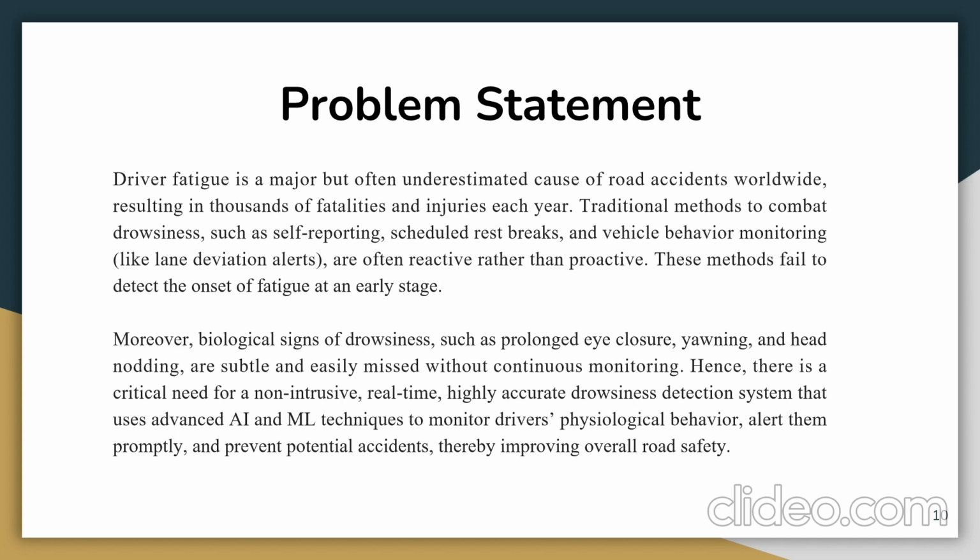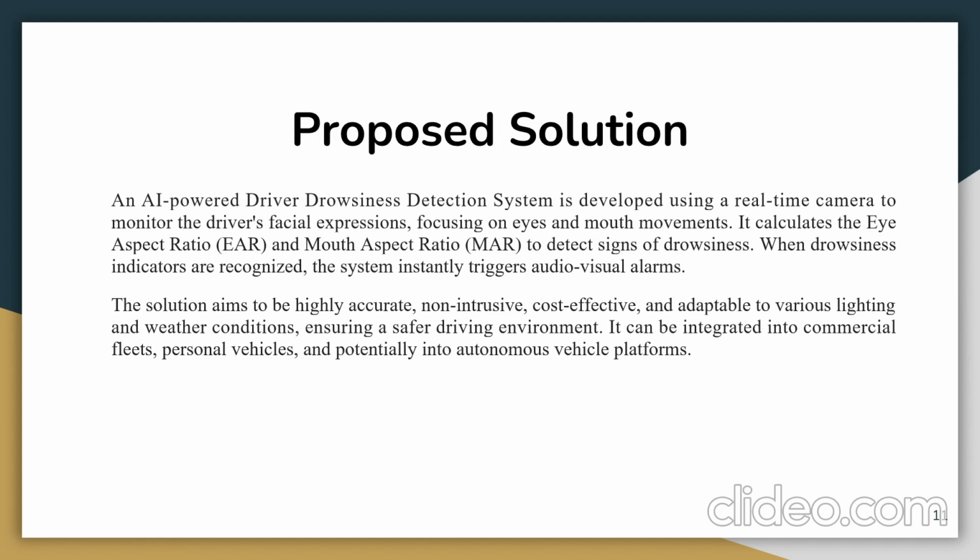EAR helps in identifying eye closure and blinking patterns. MAR helps in detecting yawning. These ratios are calculated using DLib and OpenCV. If the EAR is below a certain threshold for a few consecutive frames, or if MAR indicates yawning, it is considered a sign of drowsiness.